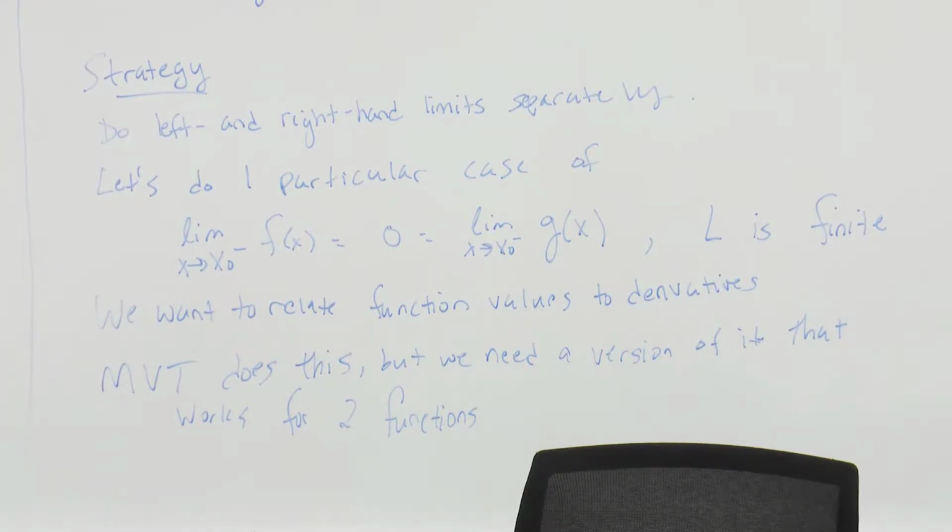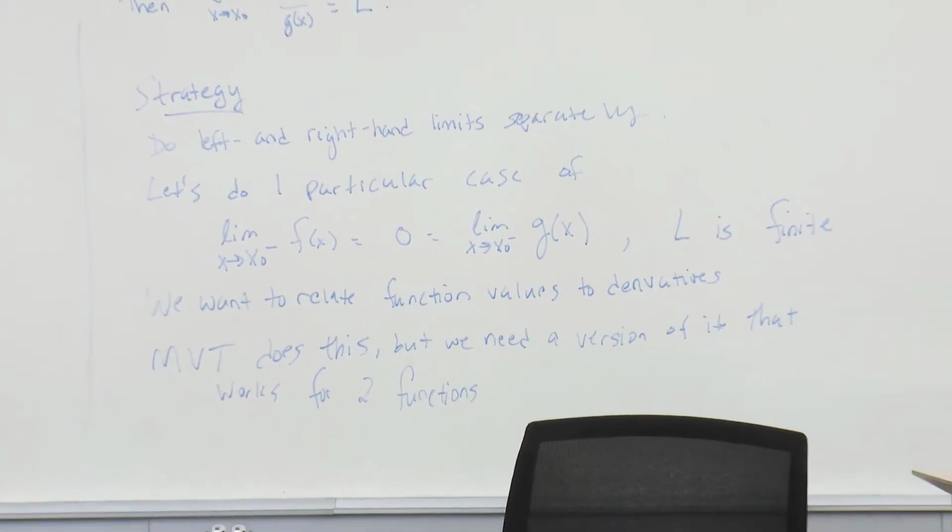We'll think of this as a little lemma that we're proving on the way to trying to get L'Hopital's rule. On its own, maybe it's interesting, maybe it's not, but it's going to be useful for us to get to L'Hopital's rule, which is interesting and useful for us right now.